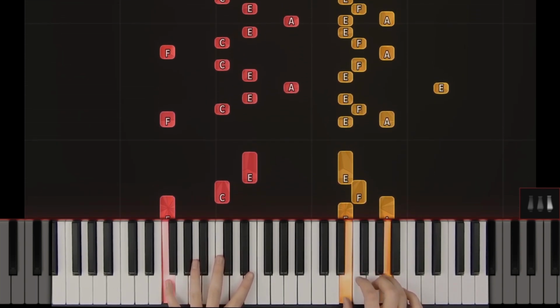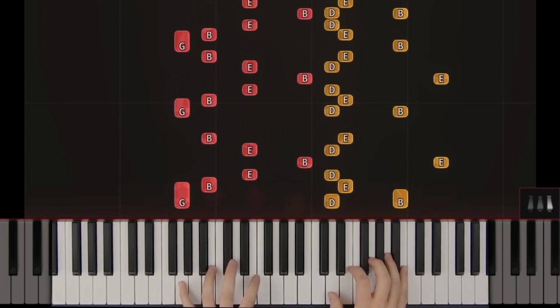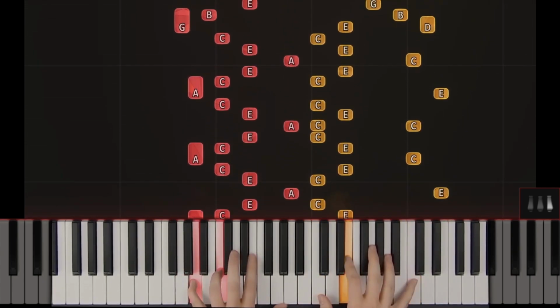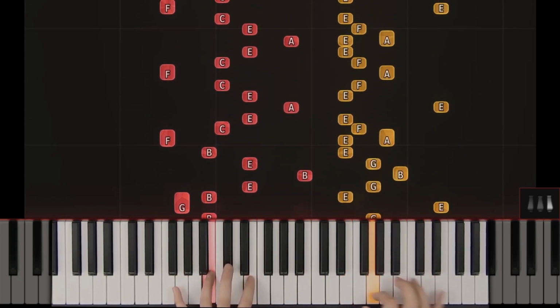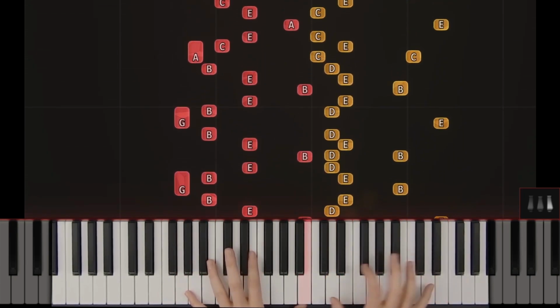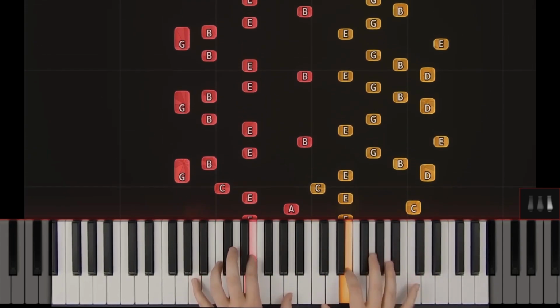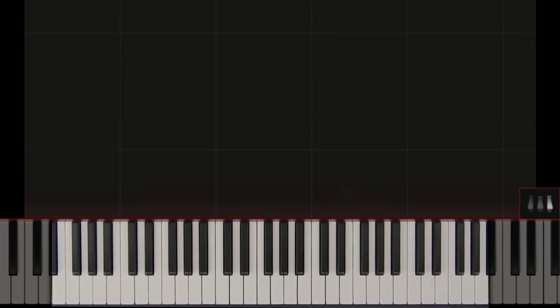Let's see if I remember how it goes. So there it is. That's what you're going for towards the end, as big as possible.